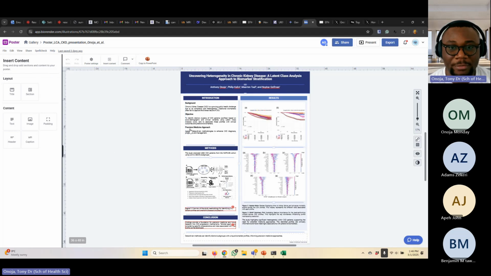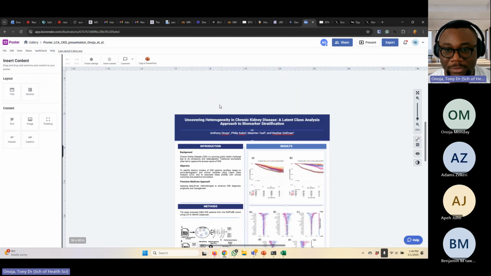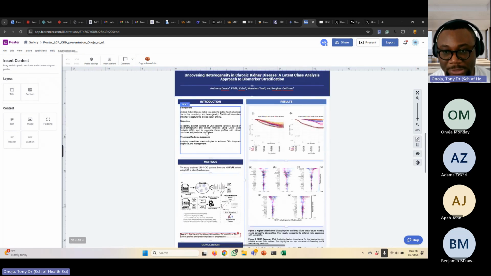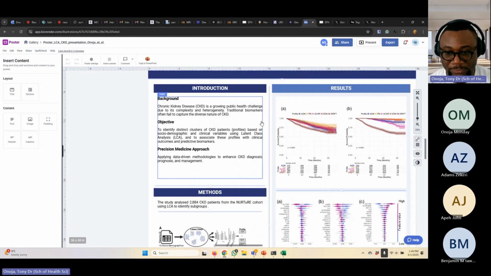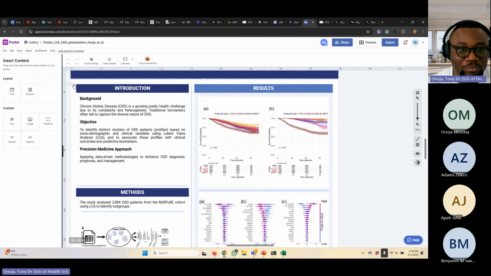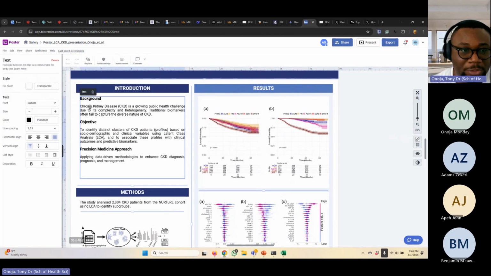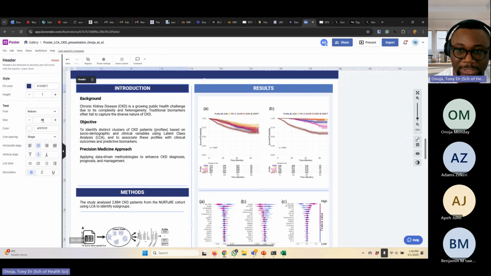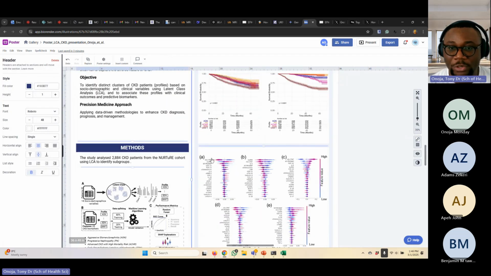If you have gone to conferences, you understand that a poster is very big. It's not going to be small. One of the things you could see here is the font size. This size is 34. This size is 38. This introduction is 48, and so on and so forth.